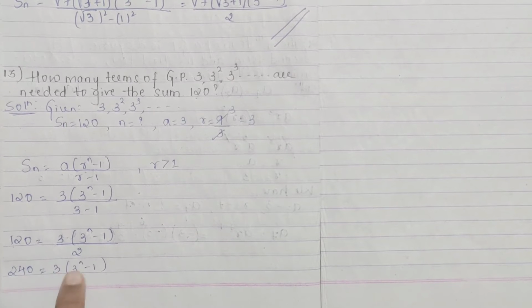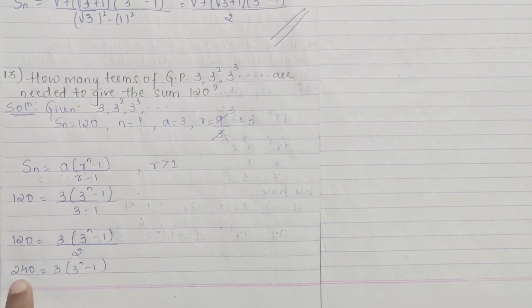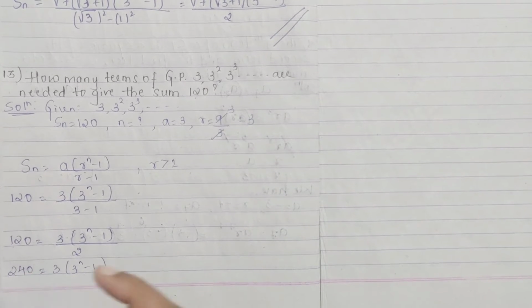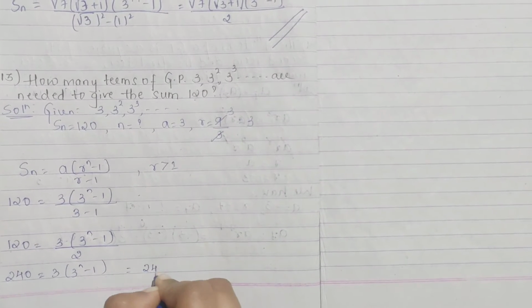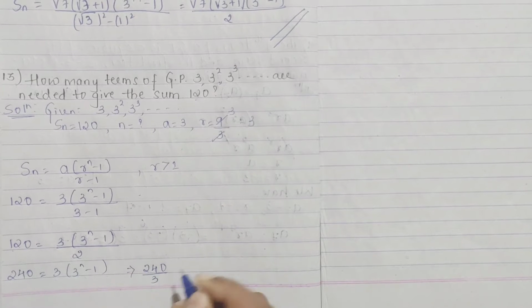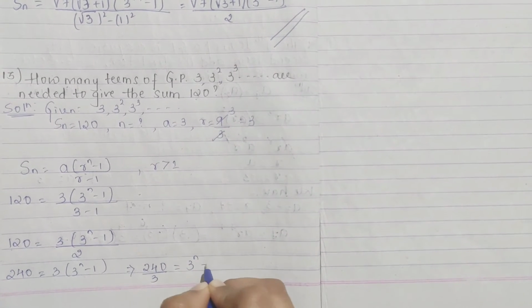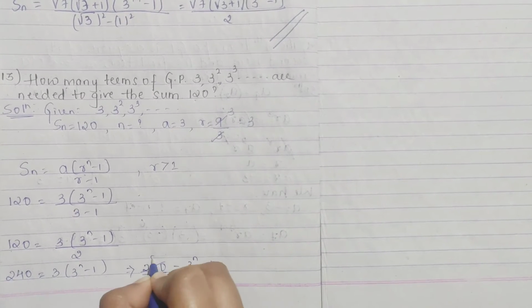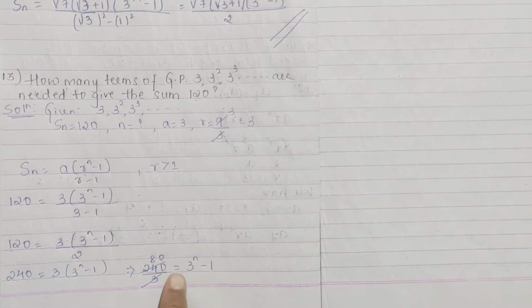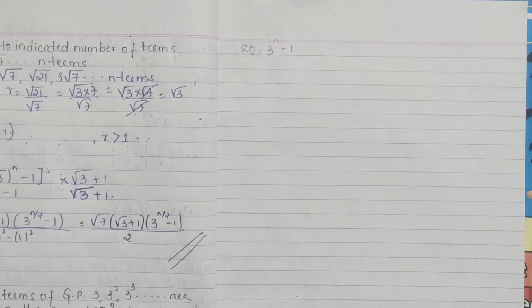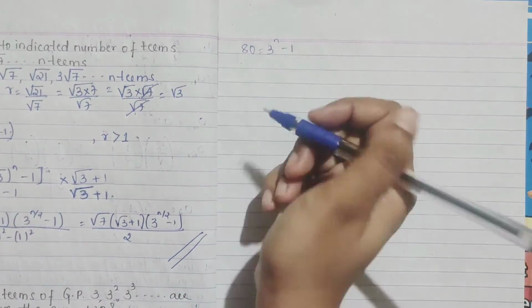The 3 goes to the division part, so 240 divided by 3 is 80. So you have 80 is equal to 3 raised to n minus 1.